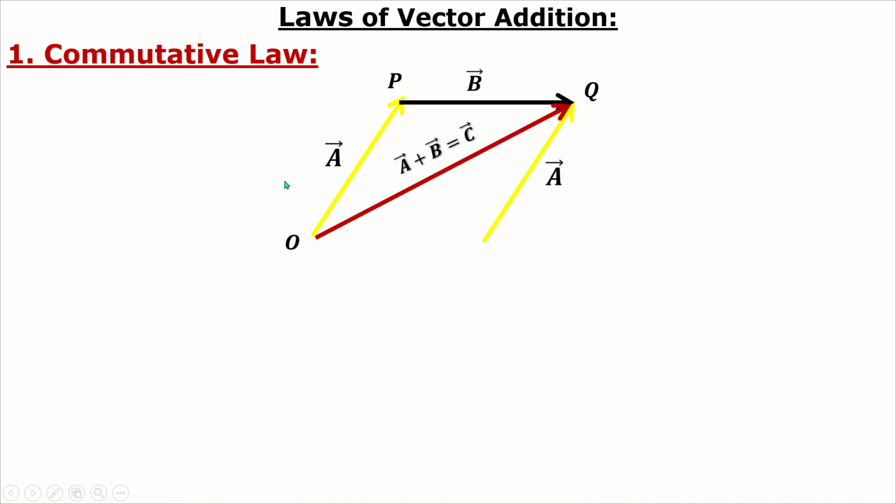As this is a parallelogram, this and this are A vector and this will be B vector. Now OR plus RQ also equals OQ vector. So B vector plus A vector also equals OQ vector or C vector. Clear? As this equals C, also this equals C. Therefore A vector plus B vector equals B vector plus A vector. This is the commutative law.